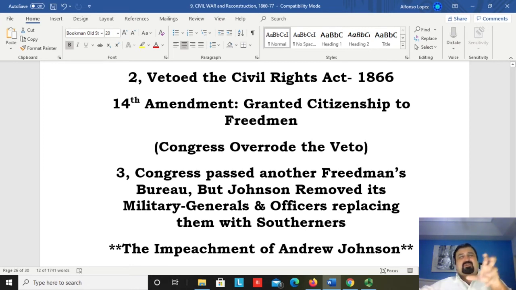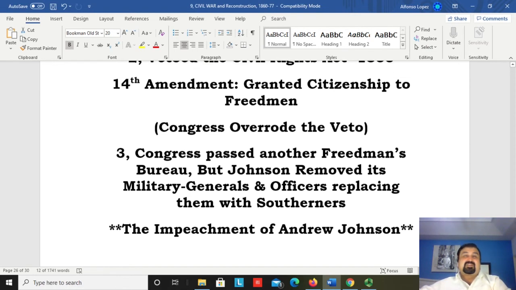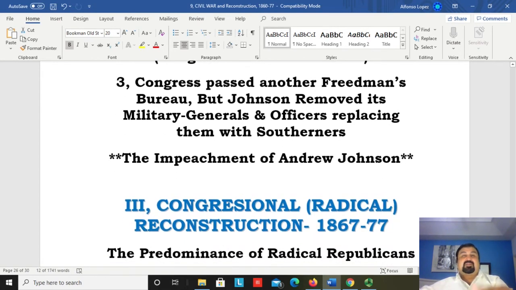But now, of course, there's going to be a very clear struggle between the executive and the legislative branches. There's a tension, there's a struggle, and this continues in 1866 when Congress passed another Freedmen's Bureau. It created a new one that will last for a series of years. Instead of being renewed every year, they said, well, we need to create another Freedmen's Bureau that will last a good time in the South. And the same thing happens.